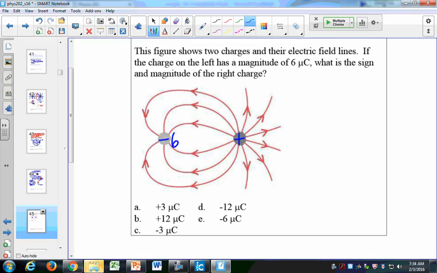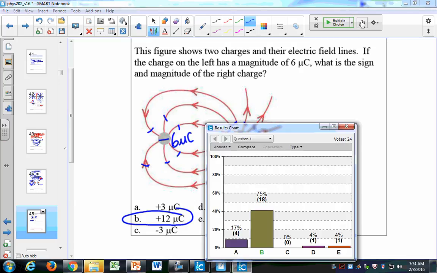This one, I tell you, is negative 6 microcoulombs, or 1, 2, 3, 4, 5, 6 field lines over here. There are 6 plus 7, 8, 9, 10, 11, 12 field lines over here. So this one's going to have twice the charge. It's going to be plus 12 microcoulombs. So we put B.